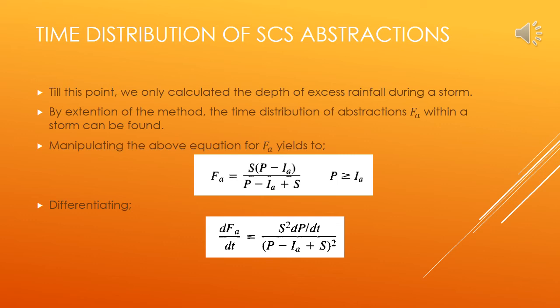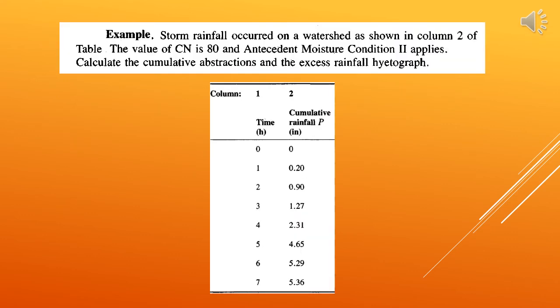Here the only thing changing with time is precipitation. We are going to take S and IA as constants. By using this knowledge, let's solve an example so we will understand better.